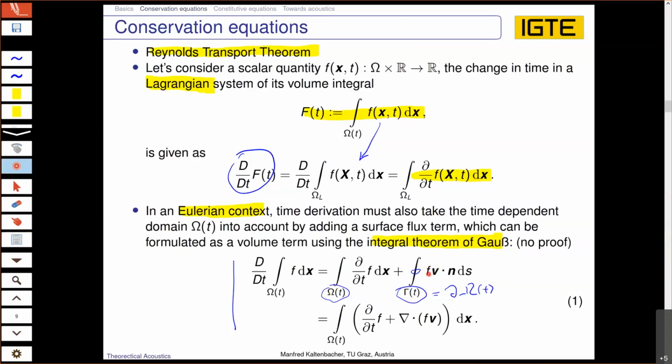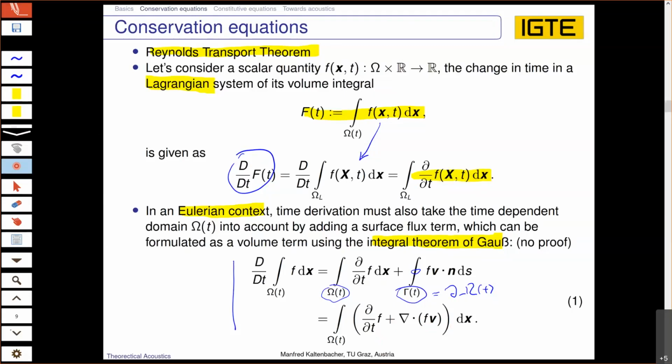So our quantity is not only the velocity v, but also this scalar quantity we are interested in, this f here. Okay, so this is, as you already know, and now just a summary, a very important relation for us in the Eulerian framework, because we describe our flow in this framework, that this total change can also be expressed by this relation here.